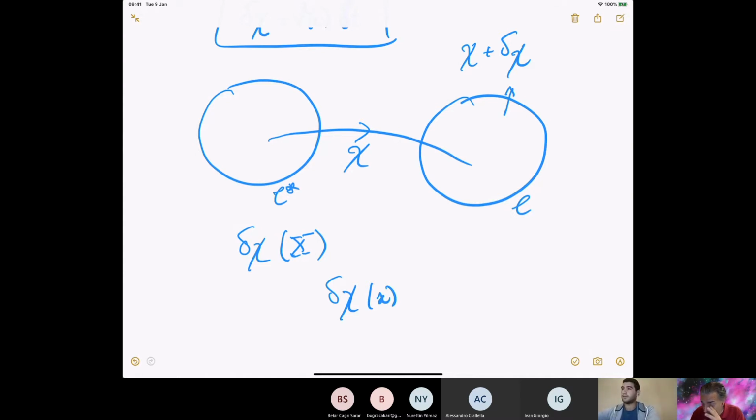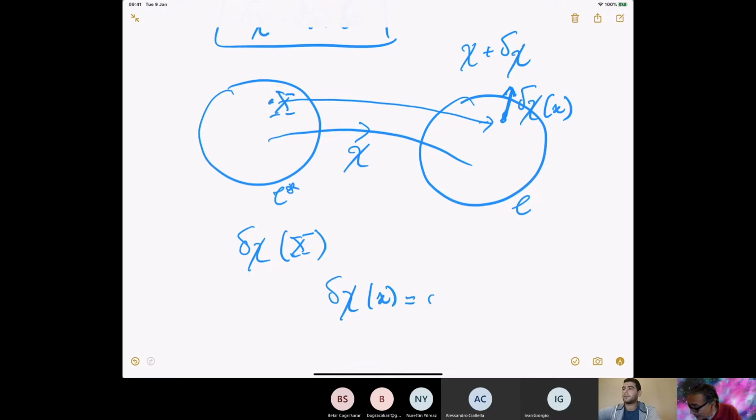So I can introduce either this, the placement delta, displacement delta K of the material particle capital X, or I can regard it as the displacement of the material particle capital X, which is in small x.